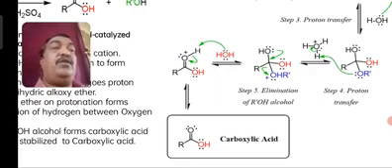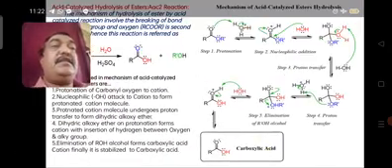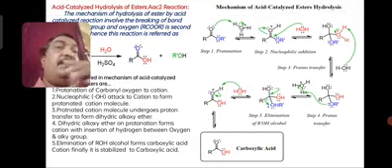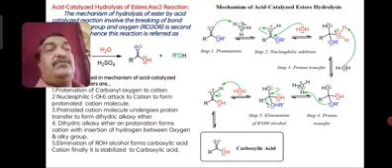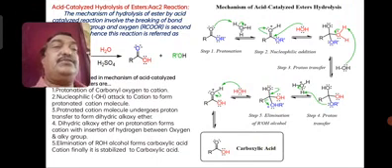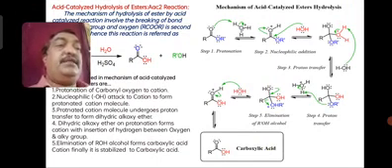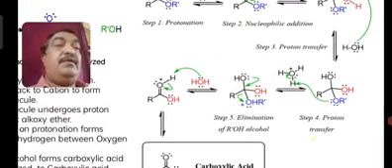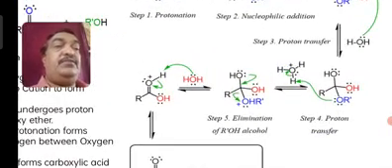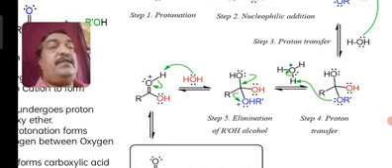So this is what we call a reaction carried out by acid hydrolysis. So it's called acyl oxygen cleavage. Here in the fifth step, I have written elimination of R-OH alcohol. So here what happened? The carbon to OR bond, that is the acyl bond, is under breaking.